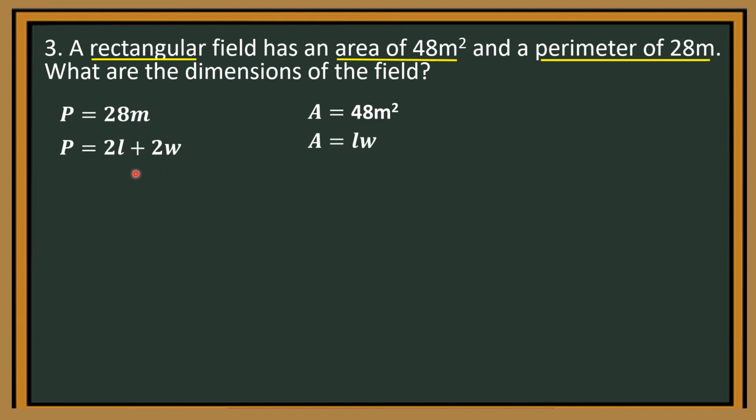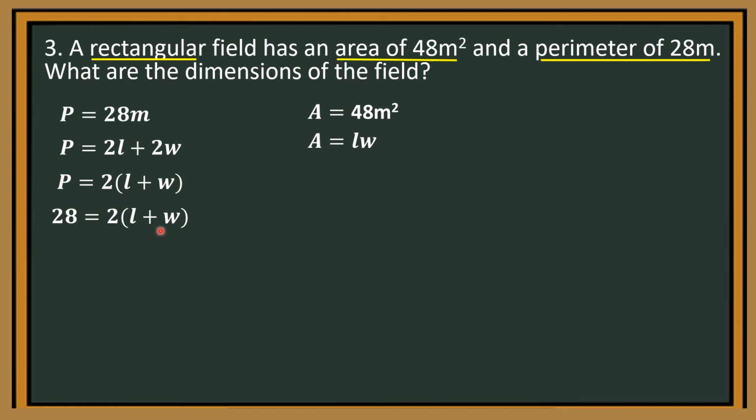And then, factor natin to para ma-solve natin ang length natin, yung isang dimension natin. So, P is equal to 2 times the quantity of length plus width. Then, substitution tayo. Ang P natin, or the perimeter, that is 28, is equal to 2 times L plus W.